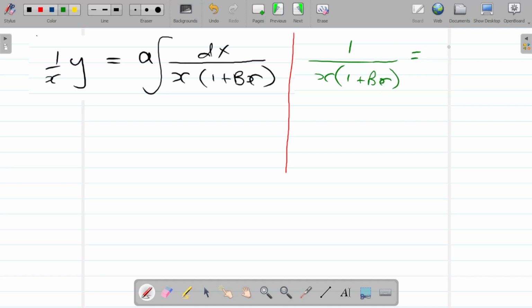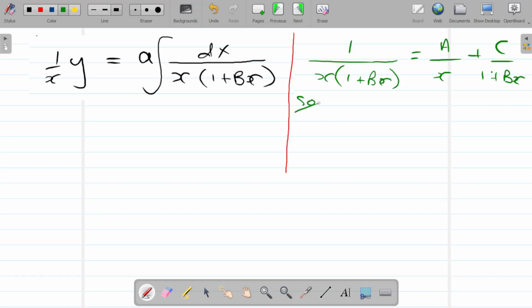in the form a over x plus some constant c divided by 1 plus bx. Now that c is different from this b. That's why I've called that c, not b, because we don't want to get them confused.